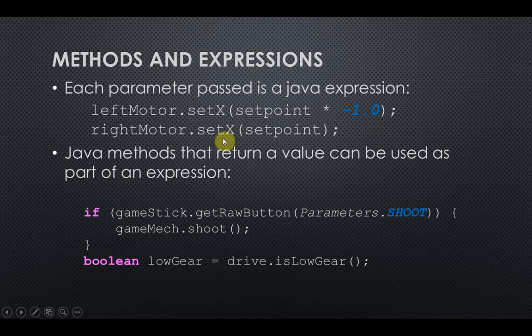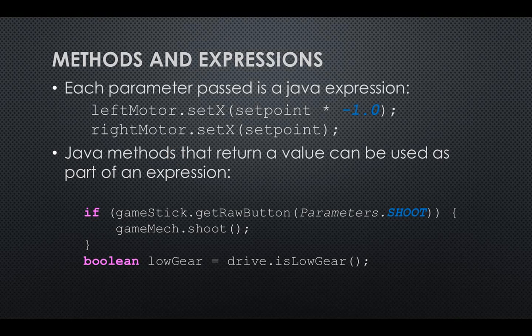And then immediately following, I'm invoking the setX member of right motor and passing it set point. So you can see I'm reversing the value of set point for the left side and the right side of the robot. When we get into the next class, I'll show you some more elegant ways to do that, but this way works. So I just wanted to point out, every time you pass a parameter, you can supply that parameter as an expression.